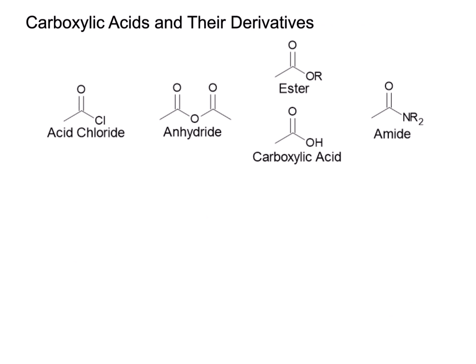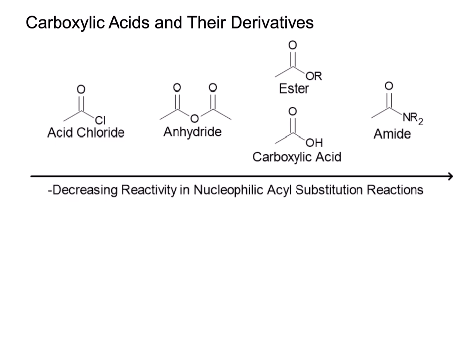The most important thing that you need to know about carboxylic acids and their derivatives is their order of reactivity in nucleophilic acyl substitution reactions. We have the acid chloride, the anhydride, the ester and carboxylic acid, and the amide. And from left to right, we have decreasing reactivity in these nucleophilic acyl substitution reactions.